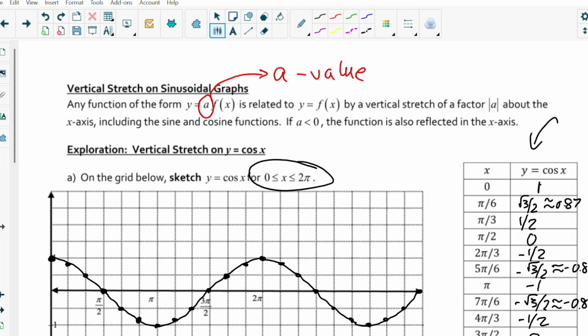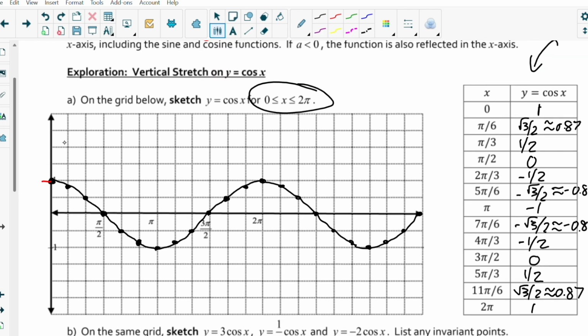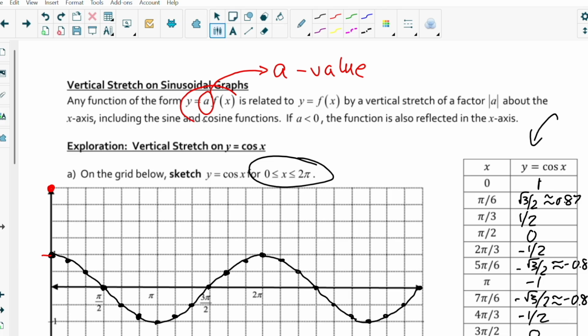So instead of 1 unit, if I stretch it by an a value of 3, then it's going to go to 3. So 1, 2, 3. So every point, every y value on the y equals cosine of x graph gets multiplied by 3. And you can see that mathematically right here.